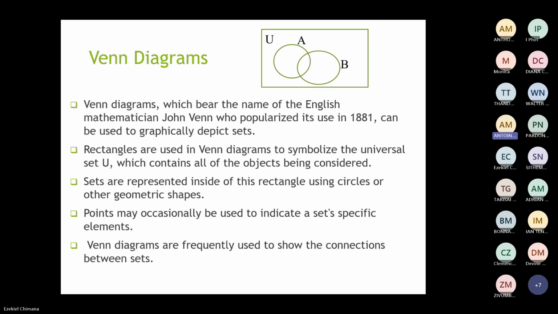Rectangles are used in a Venn diagram to symbolize the universal set U, which contains all the objects being considered. Sets are represented inside this rectangle using circles or other geometric shapes. Points may occasionally be used to indicate a set's specific elements. Venn diagrams are frequently used to show the connections between sets.